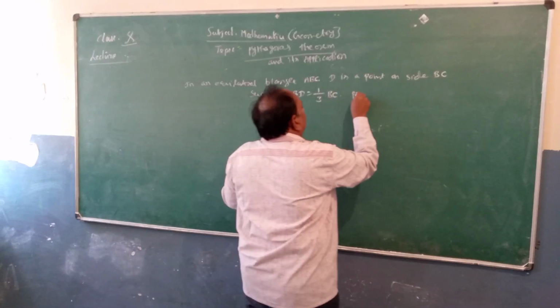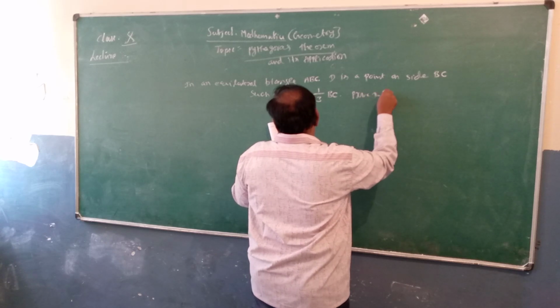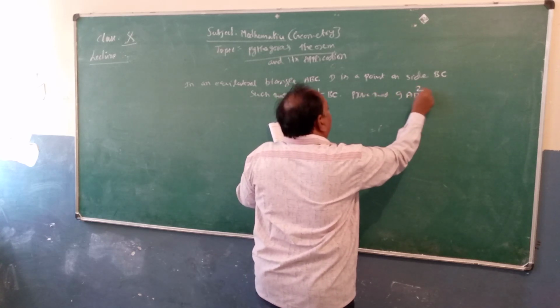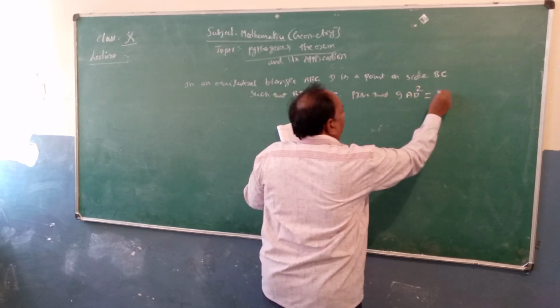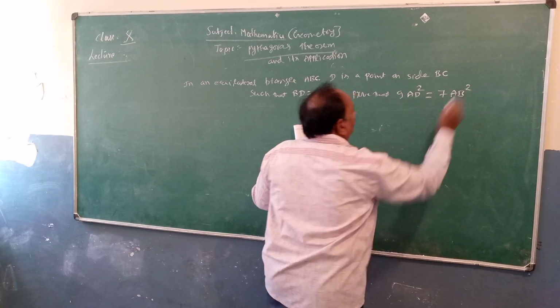Prove that 9AD squared is equal to 7AB squared.